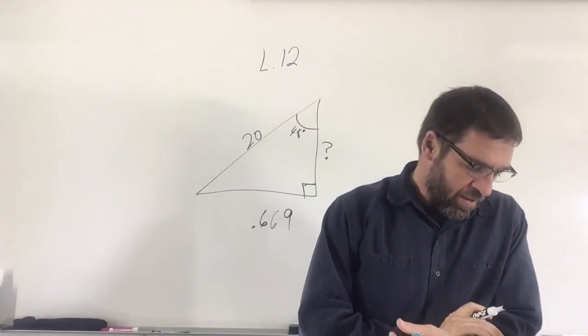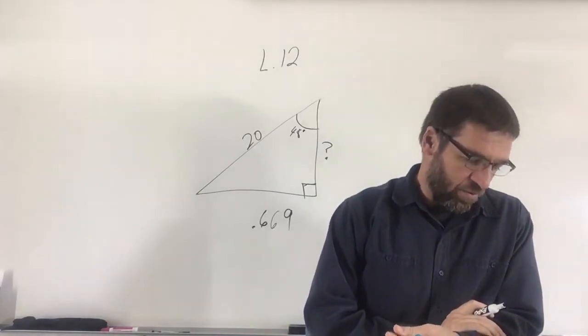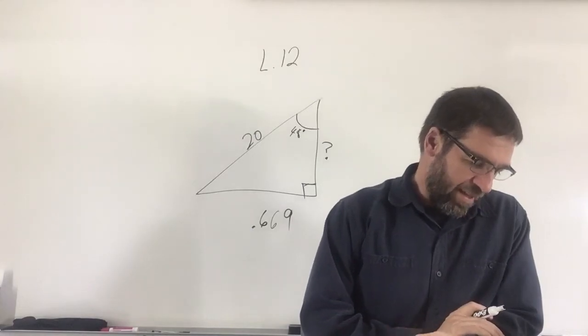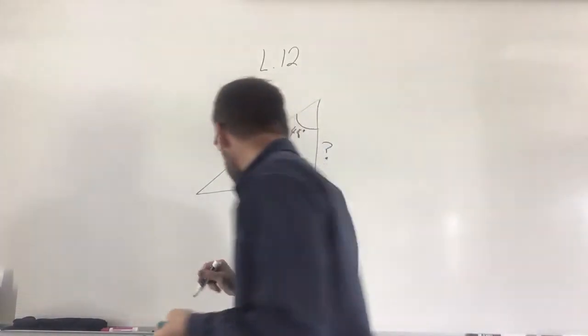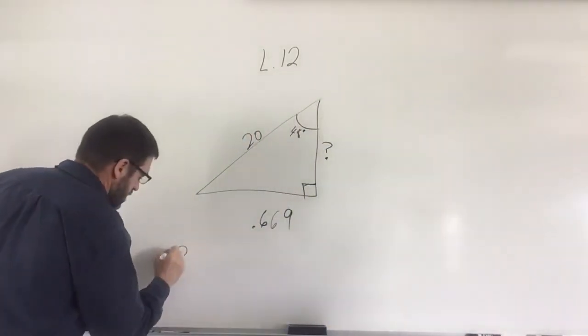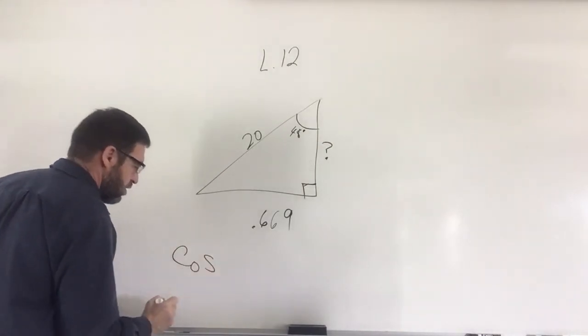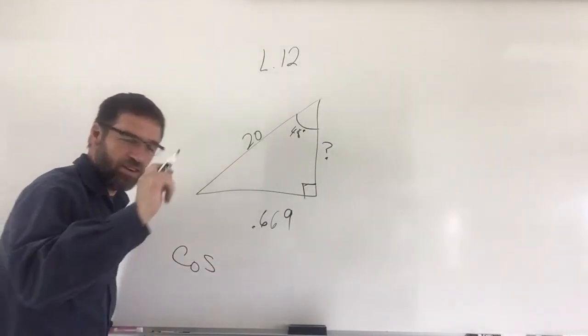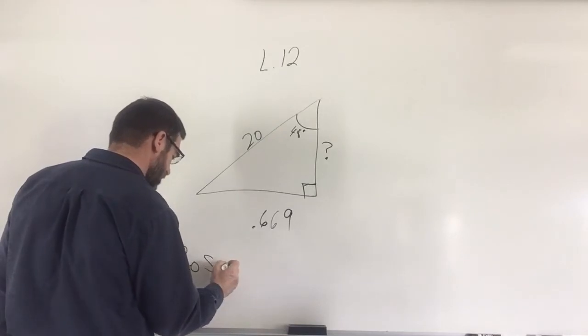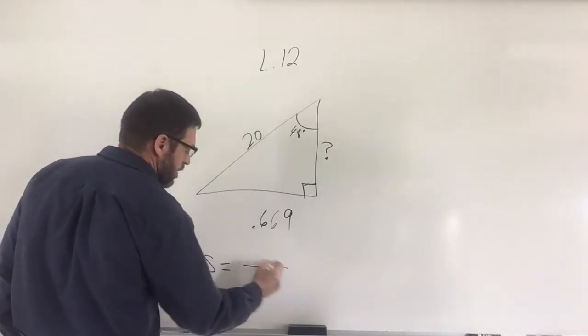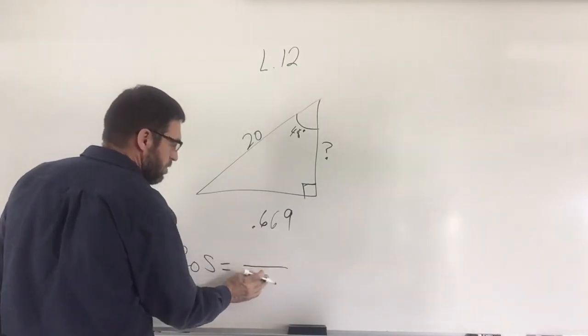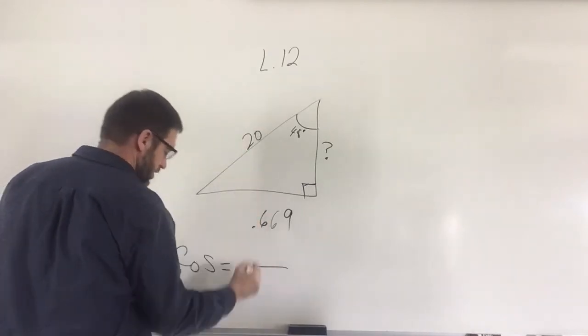Now, set up the formula. Are you ready? We want the cosine, is what we're trying to find. And when you write the cosine, why did I say sine? There, I caught myself. You weren't here to correct me, that's the problem. When you put the cosine, which number do you put on top? Which number do you put on the bottom? Well, the hypotenuse you put on top.